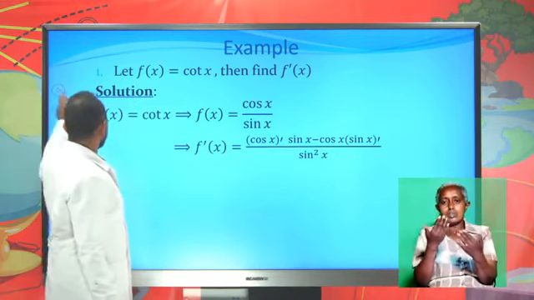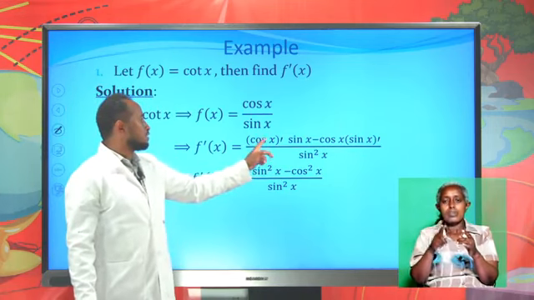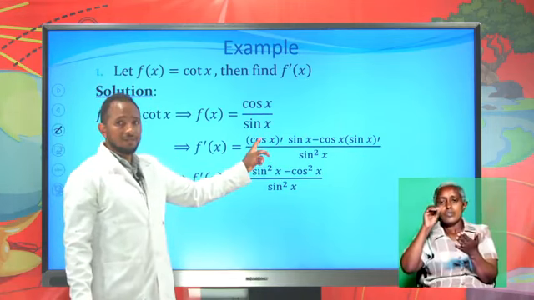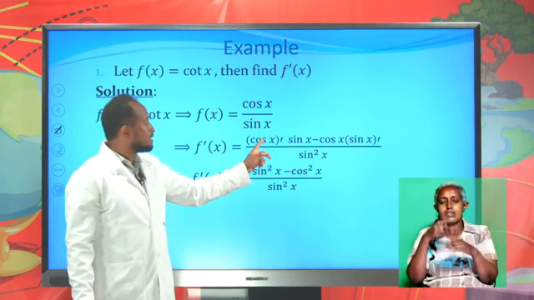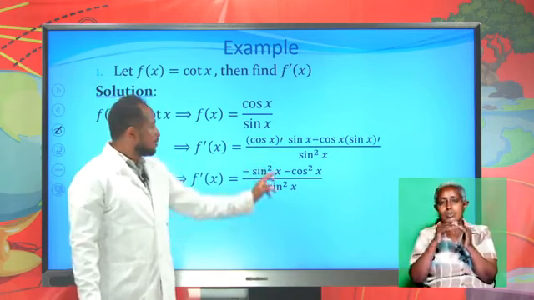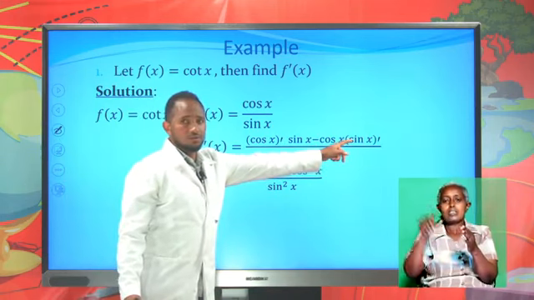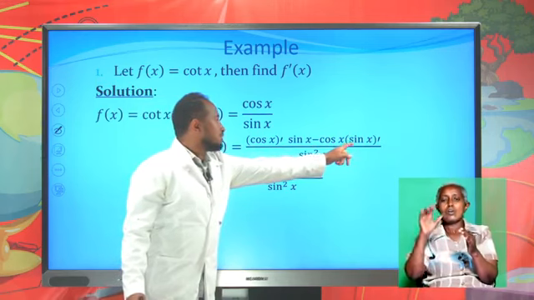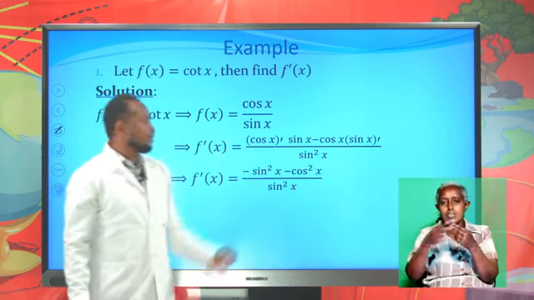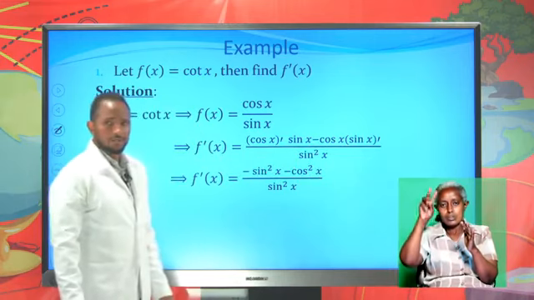Simplifying this, f derivative of x equals: the derivative of cosine is minus sine, therefore minus sine times minus sine is minus sine squared x, minus the derivative of sine x, which is cos x, so cos x times cos x is cos squared x, all divided by sine squared x.